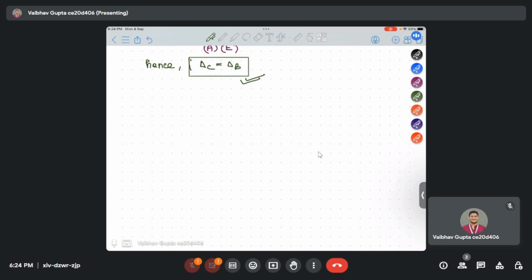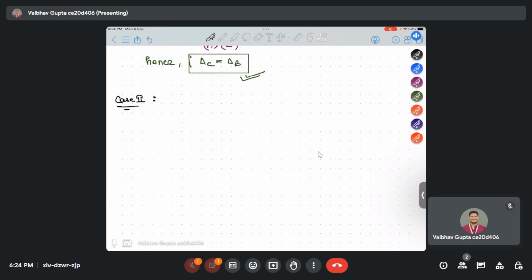Now I'll move to case 2. Same thing, without heating, as in the first case. I'll write here also after making the diagram.